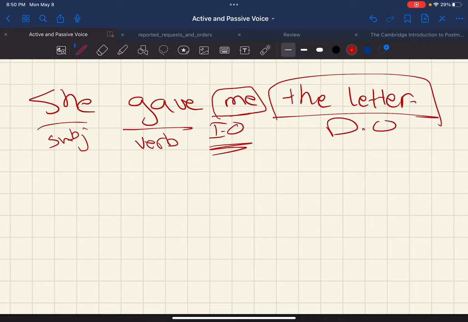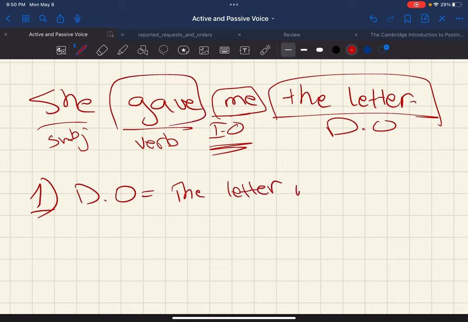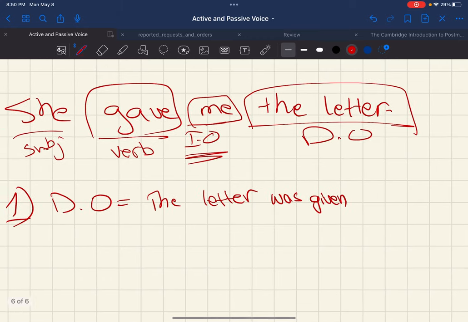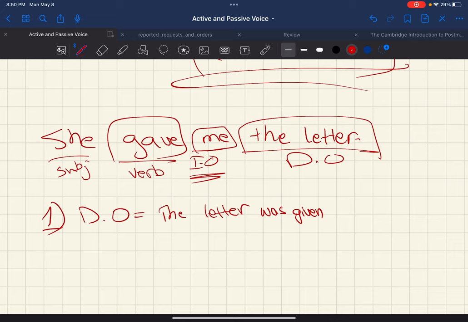In the first try, we use the direct object to passivize. We say the letter. What tense do we have? Past simple. Was given. And then what remains in the sentence is the indirect object. So how do we put this back here? We say to me. The letter was given to me.